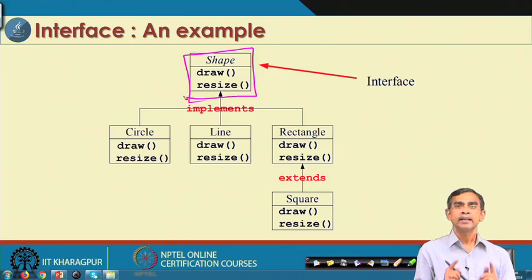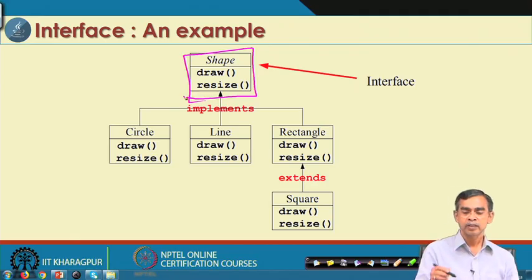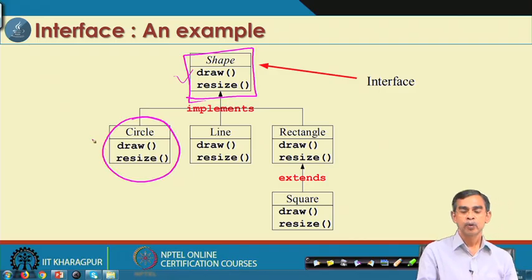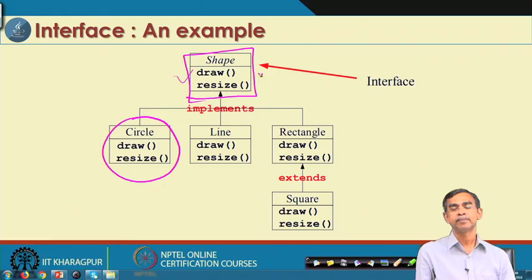They are basically method declarations, but not the body. This means that these methods are basically a structure, a framework, a template, a protocol. So this is the interface, and then we can create our own class, namely circle, which implements the draw and resize methods defined there.